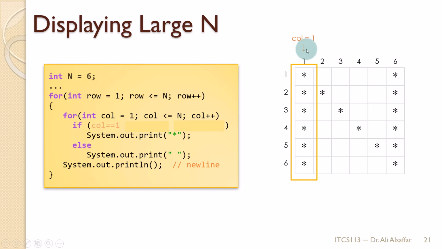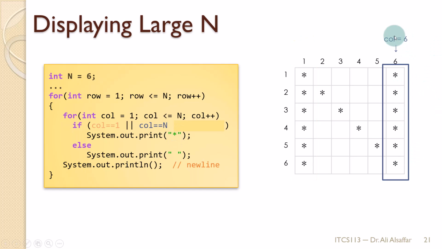By looking at all these asterisks at column 1, notice that on all rows, if column is equal to 1, then we need to print an asterisk. So the first condition that we need to put is that if column equal to 1, then we need to print a star. Now let's go for the last column. Now for the last column, as you notice, we are printing on each row. So when column is equal to 6, also we need to print an asterisk.